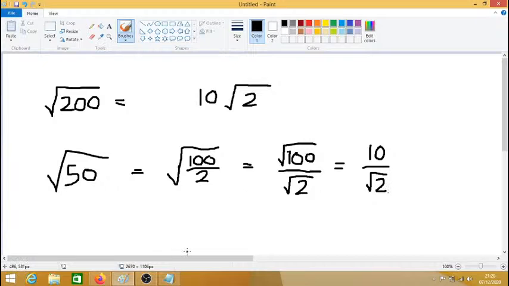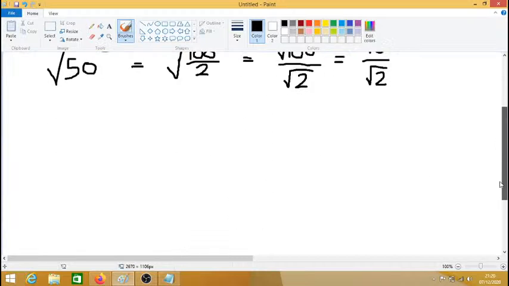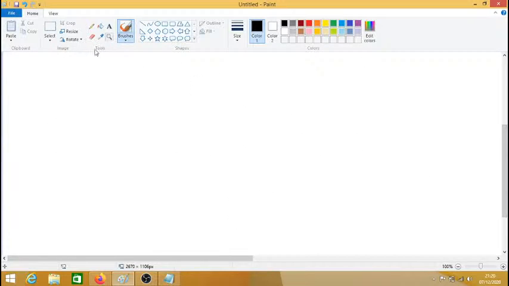Okay, so hopefully an easy one for you to get your head around, multiplying and dividing surds. I'll just give you a practice one to finish off with. So if you can just tell me the answer to these two, and then we are done.